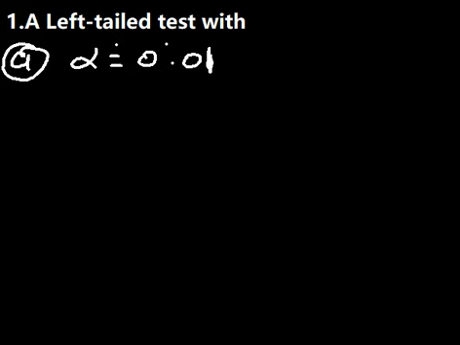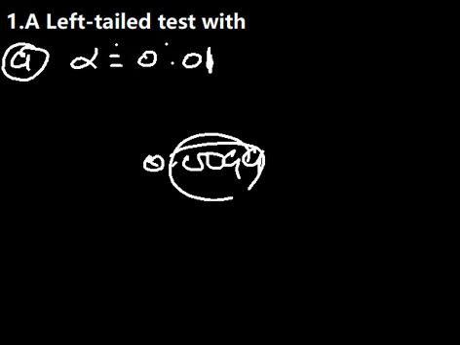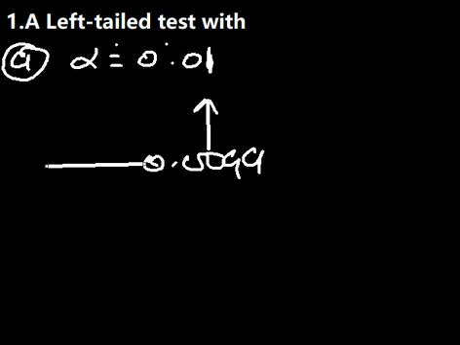And as for me, the value which is much closer to 0.01 on the normal table is 0.0099, and this is the value which is much closer. Now if I check it out, that should be up here, and also in this column.